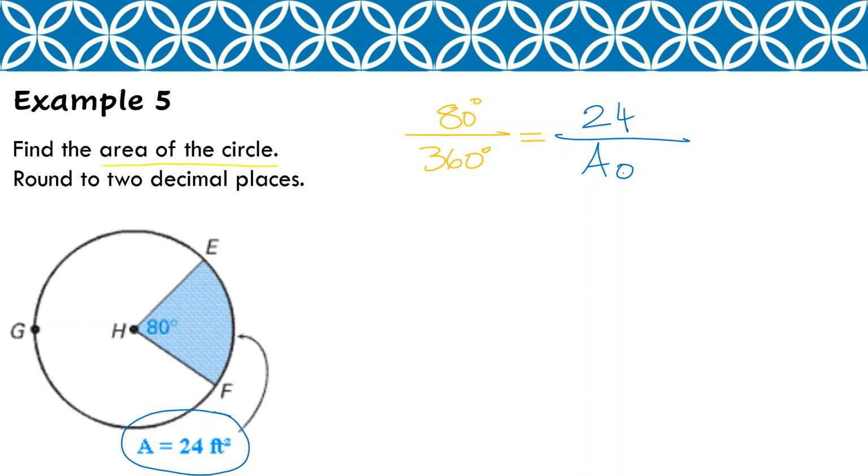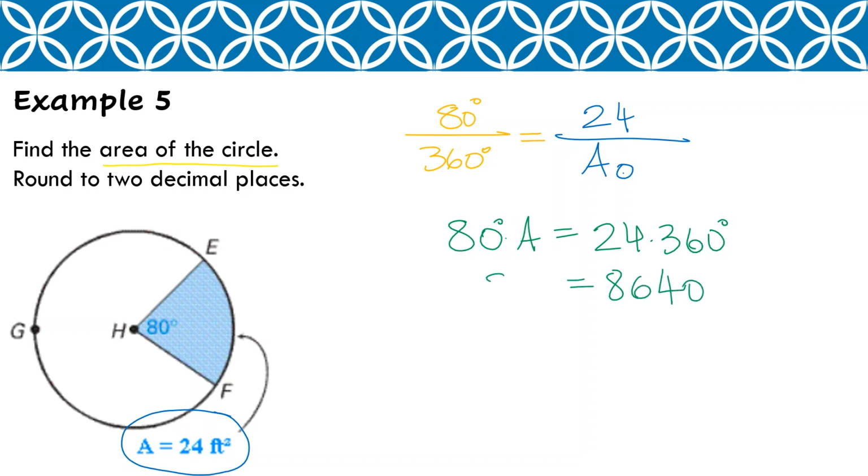All we need to do is cross multiply, 24 times 360, and divide by 80.